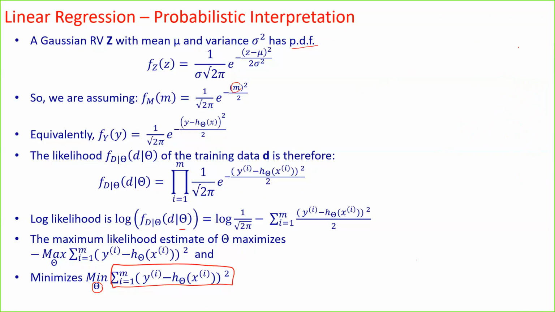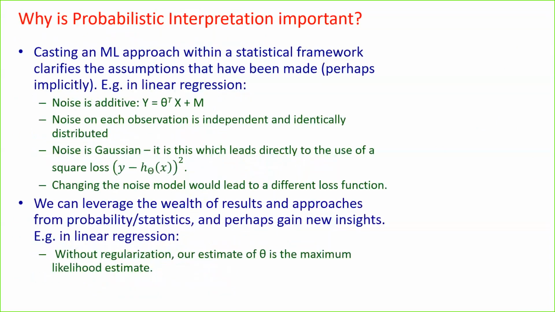We made the assumption that noise is additive and noise follows the Gaussian distribution. What if the assumptions are different? You would have ended up with a different loss function. That is why it is important to understand this theoretical view, because it is based on some assumptions. If the assumption changes, then your loss function will change. That is why it is very important to understand this probabilistic interpretation of the loss function.